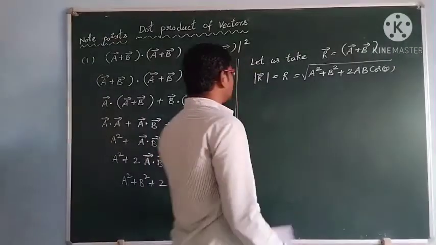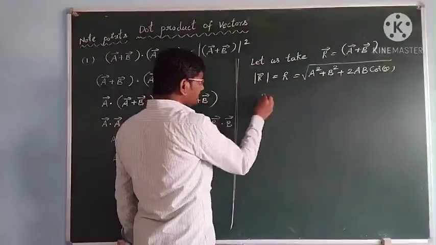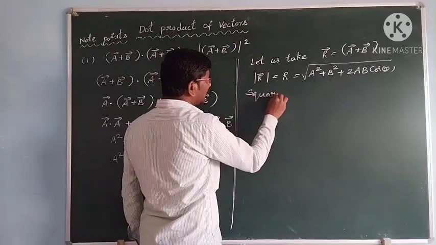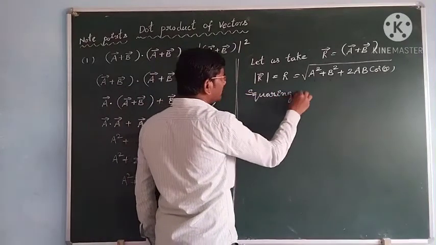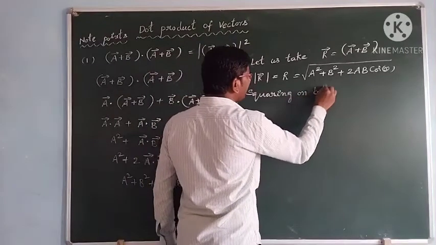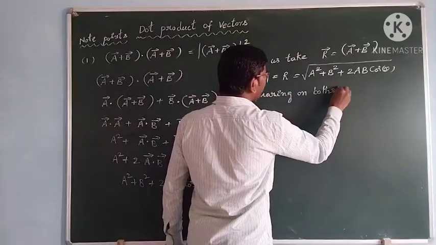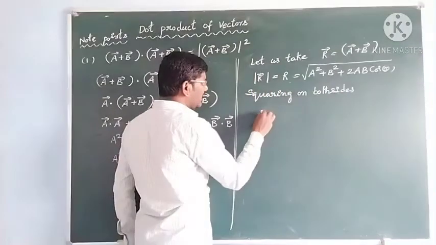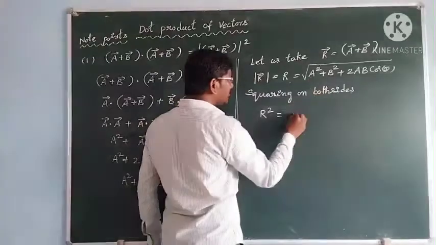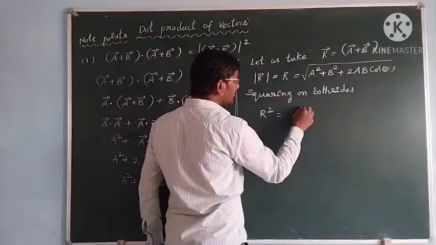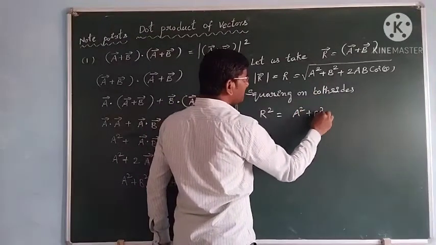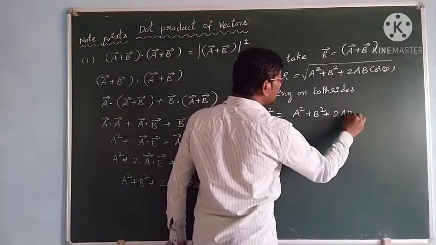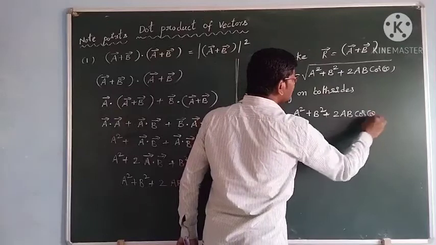Okay students, then squaring on both sides, you will get R square. R square is equal to, what will you get here? A square plus B square plus 2 into A into B into the cosine of the angle between them.